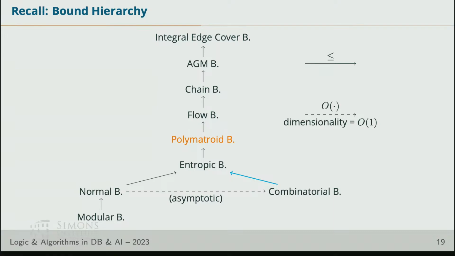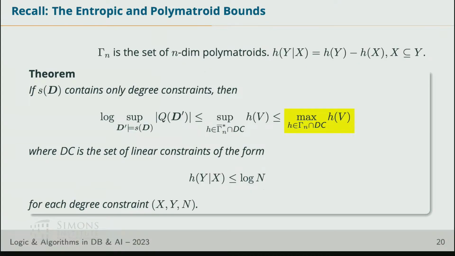Remember that our goal is still here, right? But we have no idea how to do this in general, so we had to relax things all the way up to here, and let's try to achieve this bound first. Okay, so this was a theorem that I quoted earlier, that the output size is bounded by the maximum over all polymatroids that satisfy the degree constraints.